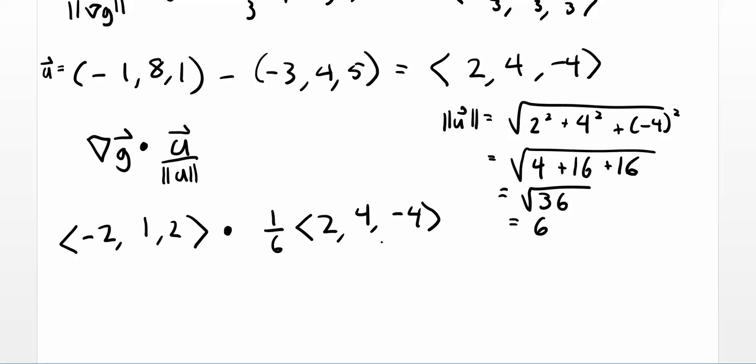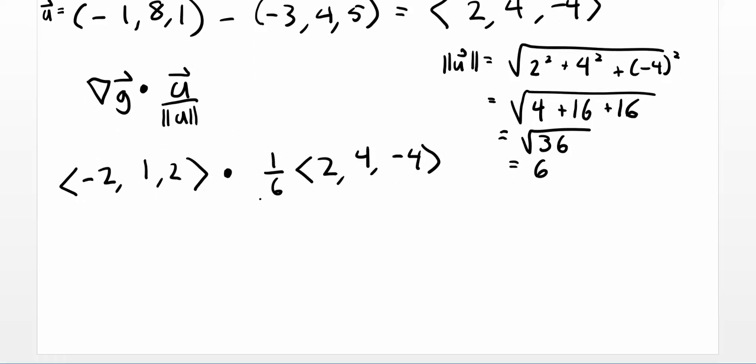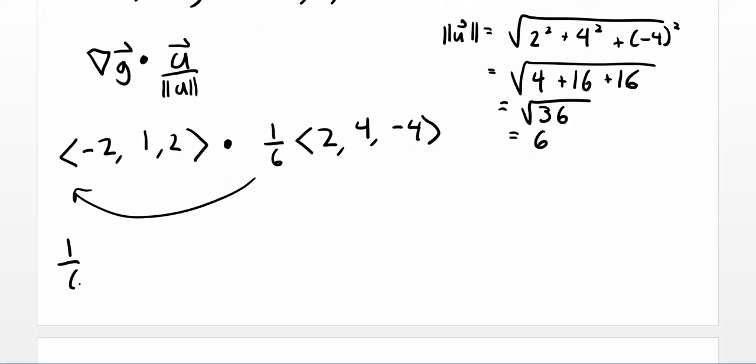Now don't try to distribute it in, because dot products have the nice property that you can pull this constant out front. So we'll have 1/6 times the dot product. Now the dot product is just multiplying the respective parts. So 2 times negative 2 is negative 4. 4 times 1 is 4.